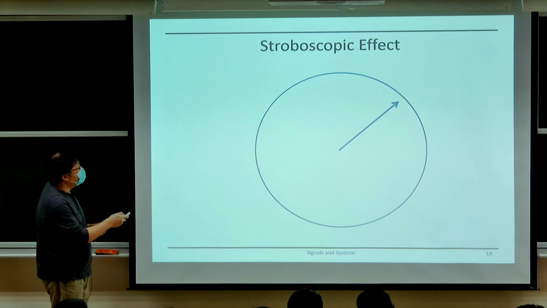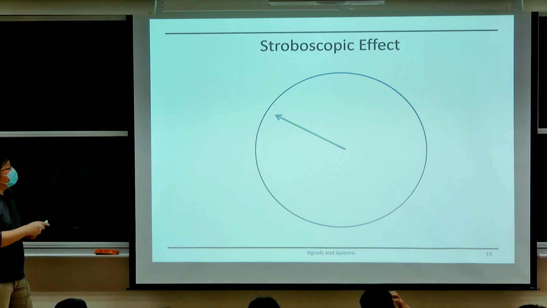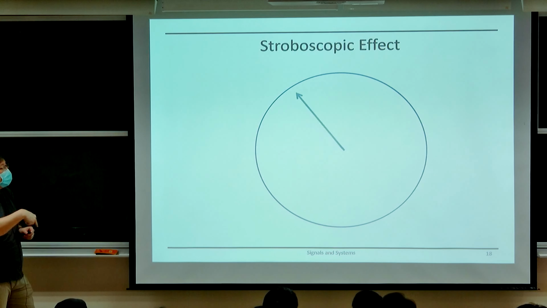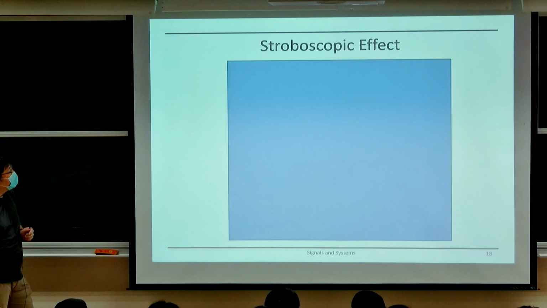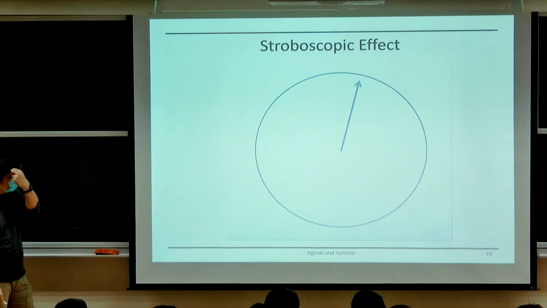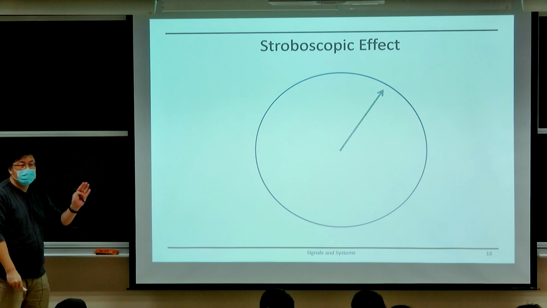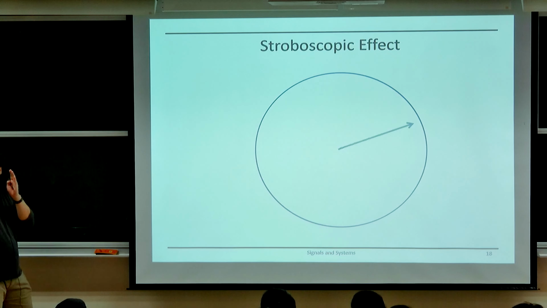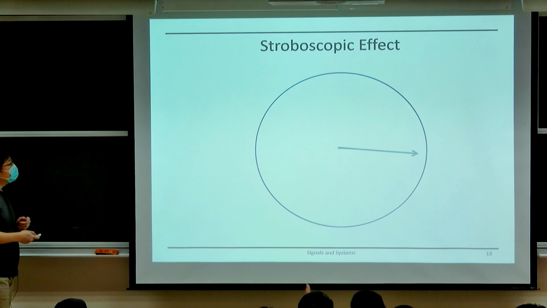So for example, suppose you have this wheel turning at this speed here. If you sample fast enough, you can see this going forward, right? This is because we're sampling fast enough, okay? And our visual system serves as a low-pass filter that sort of recovers this oscillation, okay?